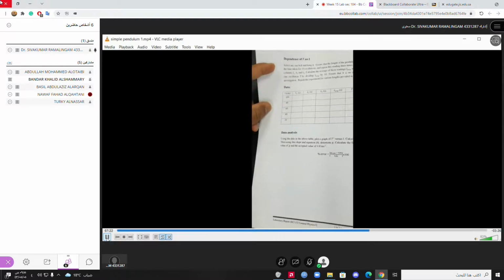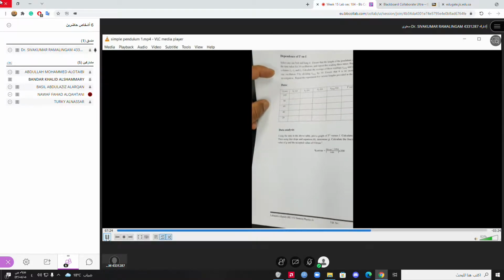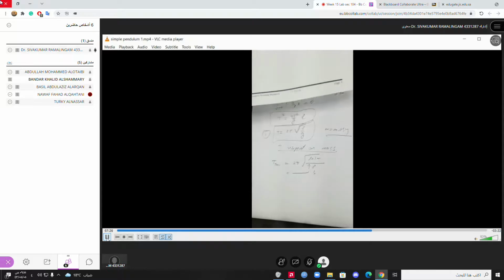Going to the second part of the experiment, I'm going to show the dependence of the time period on L. How can I show that? Let me go back to the same one.